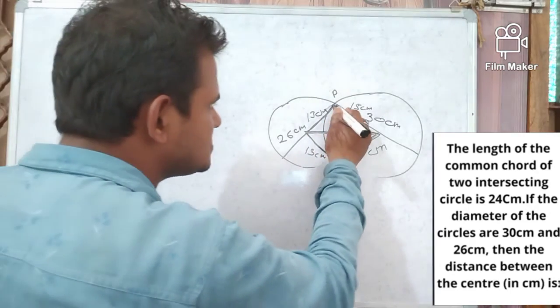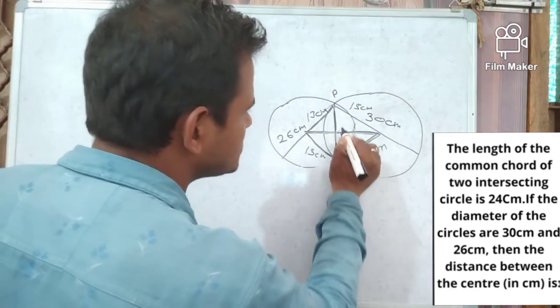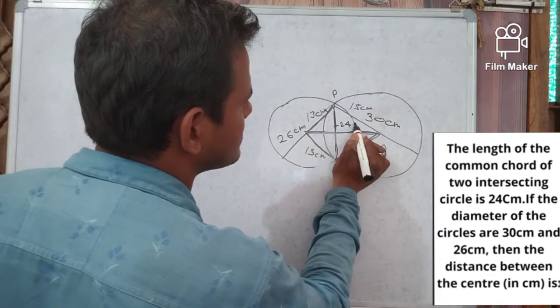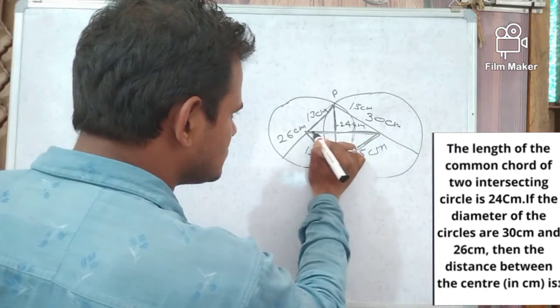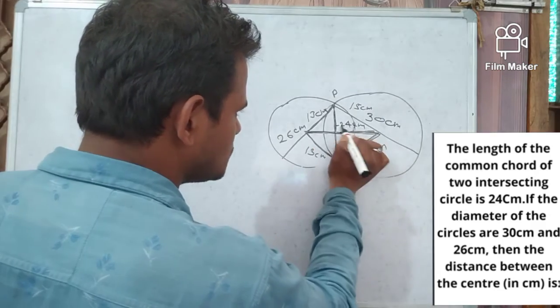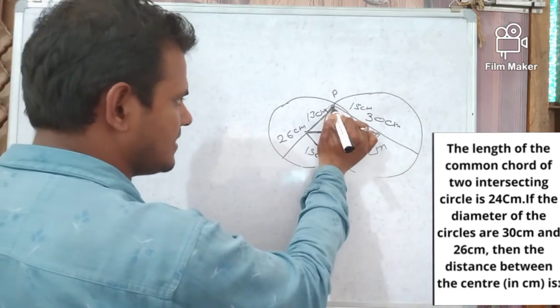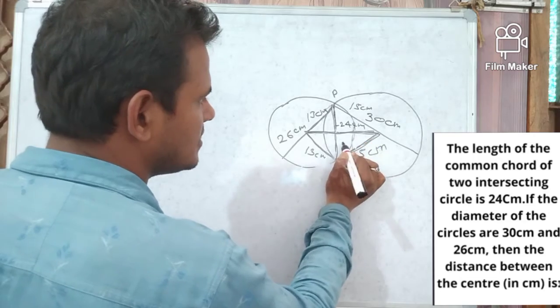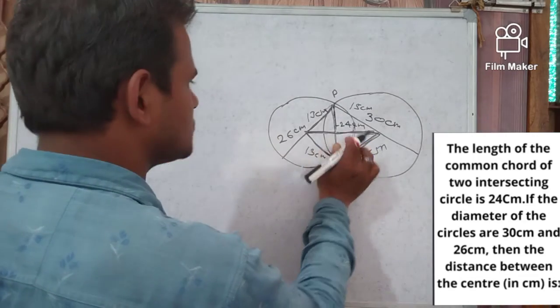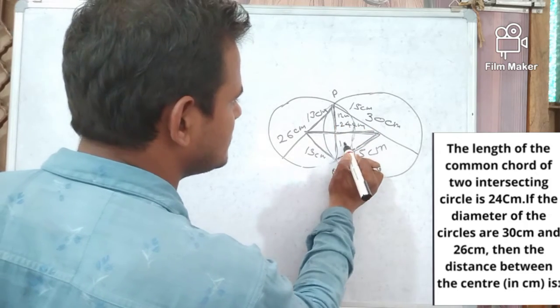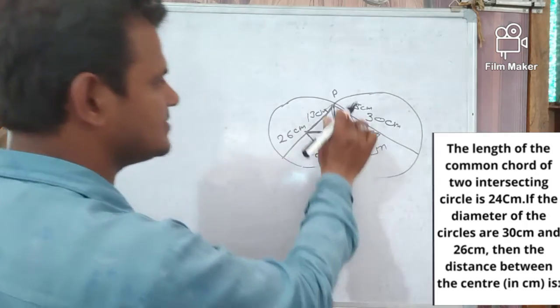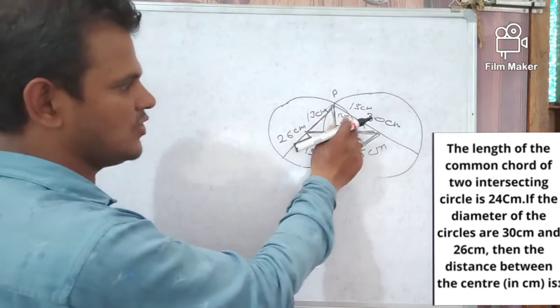This distance is given as 24 centimeter. Because it is divided into two parts, this will be 12 centimeter and this will be 12 centimeter, and 12 plus 12 will be 24 centimeter.